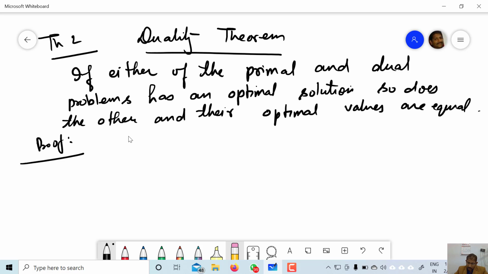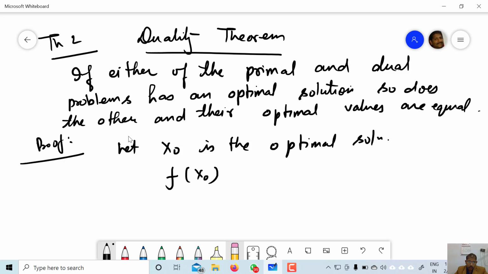So let x0 be the optimal solution. Since x0 is the optimal solution, it should satisfy the primal problem. Because it is a solution of that problem, if you put this value into the primal, it should satisfy.